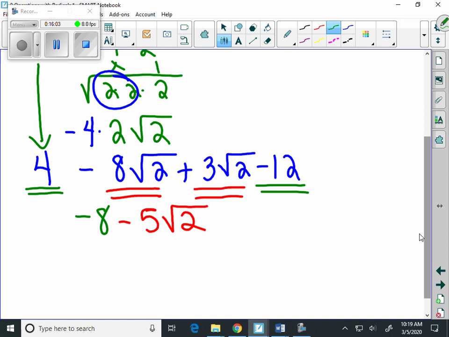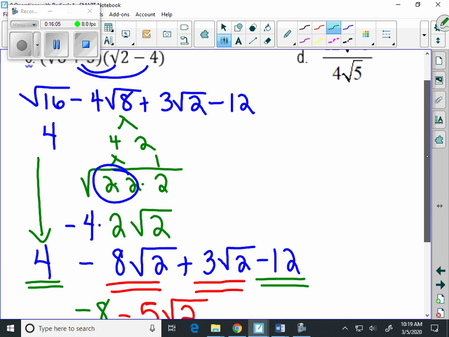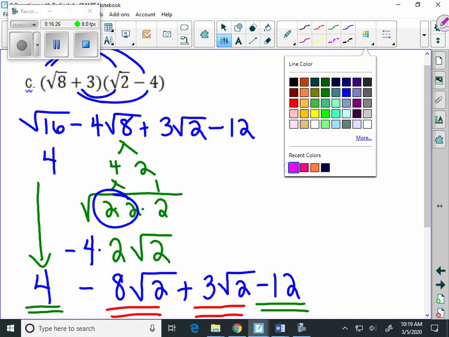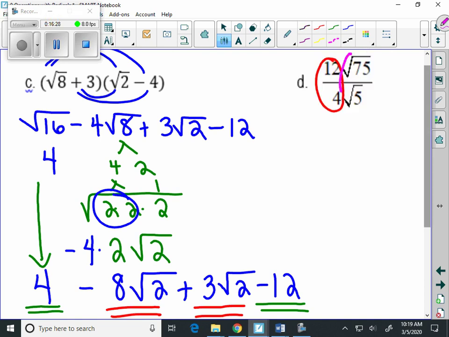But luckily our last one here on this particular page is not as long. We've been dealing with the multiplication on A, B, and C, but here comes a division problem. And when we divide, what's going to happen is we're going to divide these two numbers. And then we're going to divide these two numbers.